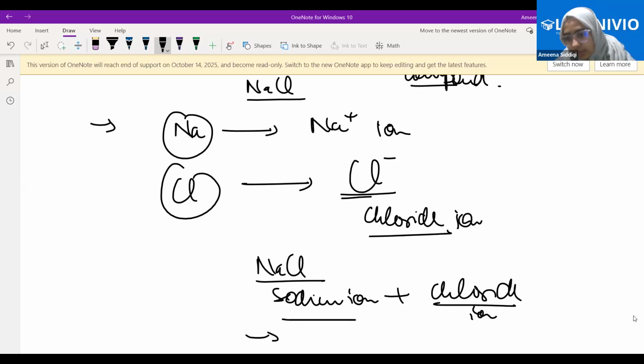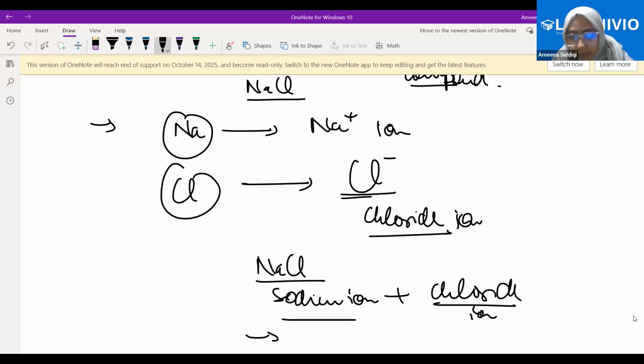Ma'am, for chloride, we don't say chloride ion, right? We just say chloride. I'm saying it is forming the ion, and the name of the ion is becoming chloride ion, right?